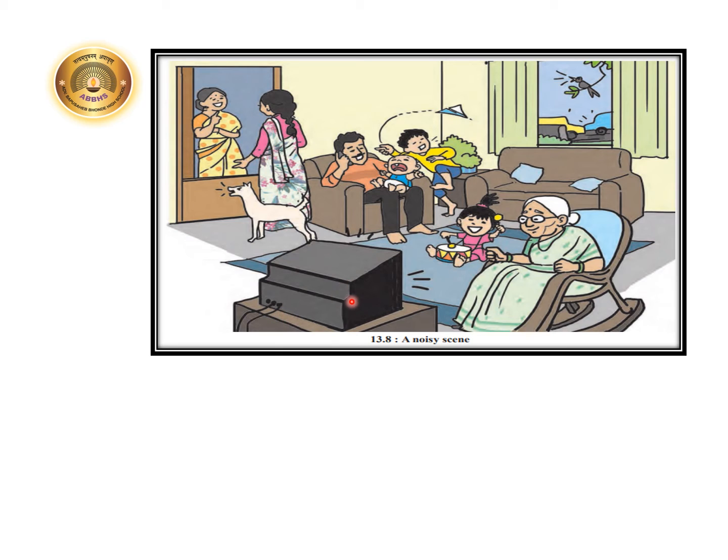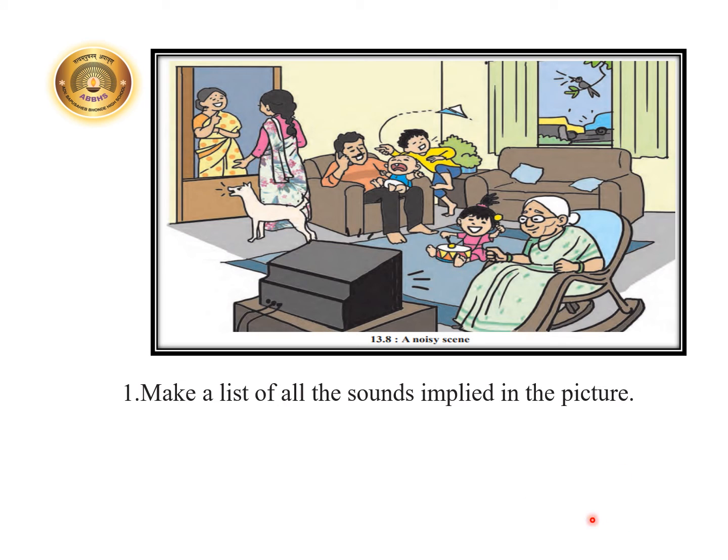Observe this picture. It shows a noisy scene. The situations shown in the picture are often seen around us. Some of the sounds are pleasant while others are harsh. Very loud or continuous noise has an adverse effect on the people of that locality. Make a list of all the sounds implied in the picture.